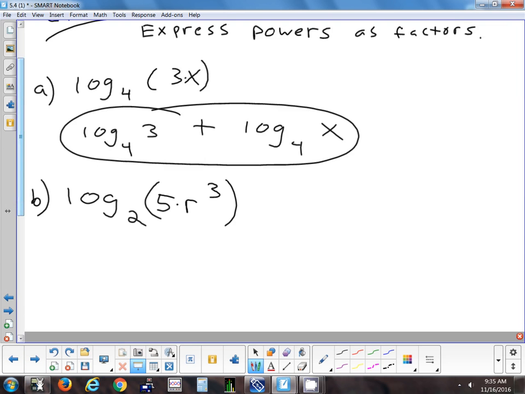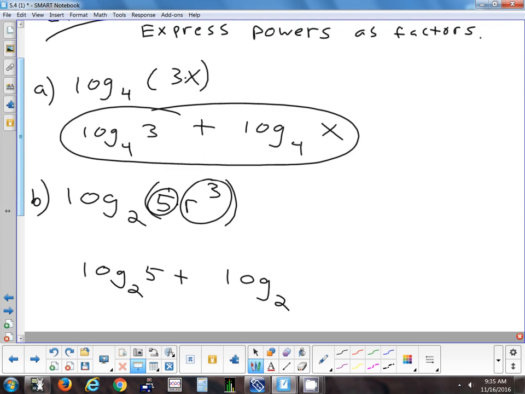All right, so how is this one going to split? As a sum or difference? Sum. Overall, it's this times that. Those are the two things you're multiplying. So we're going to have log base 2 of 5, my first argument, plus 3 log of r.